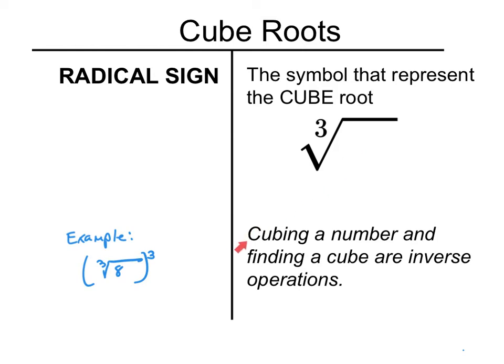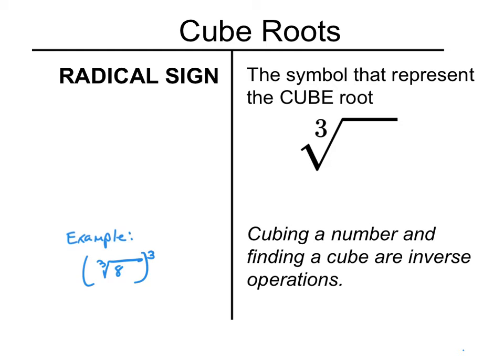This is what's important about working with cubes, and that is cubing a number and finding a cube root are inverse operations. So what that means is if I was finding the cube root of 8 and then cubing it, I'm going to end up with my radicand.